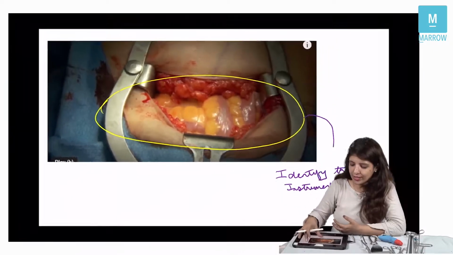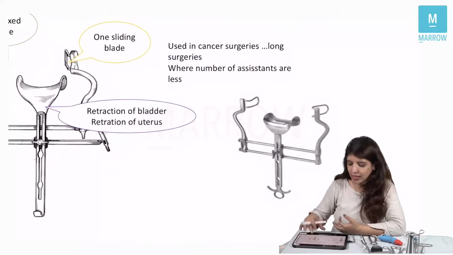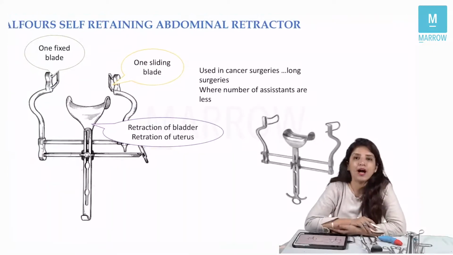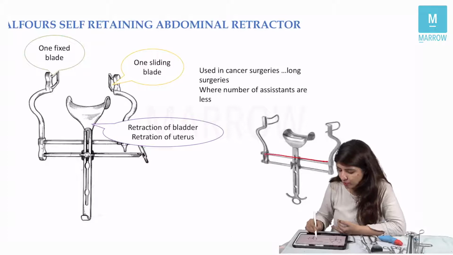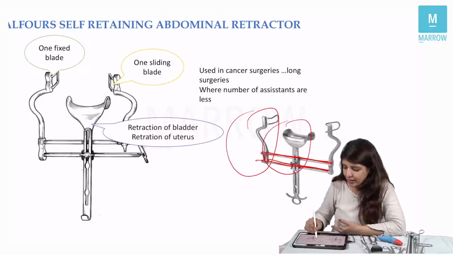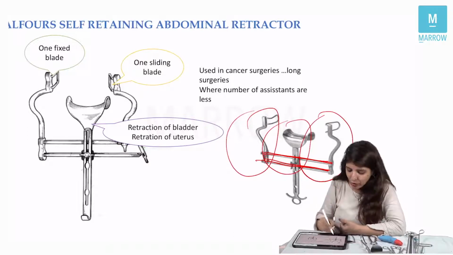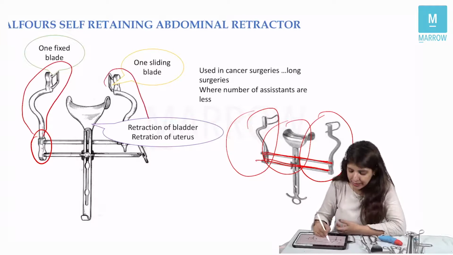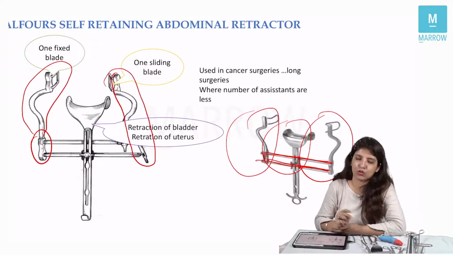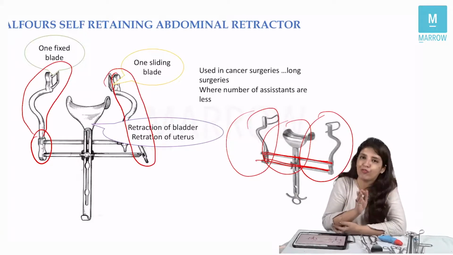Now, how do you identify a Balfour's self-retaining abdominal retractor? I don't have a Balfour's self-retaining abdominal retractor. In the image, you will see that there is a transverse bar and to this transverse bar, blades are attached, right? One of the blades is always fixed. The other blade is a sliding blade. So, on one end, you will have a fixed blade.